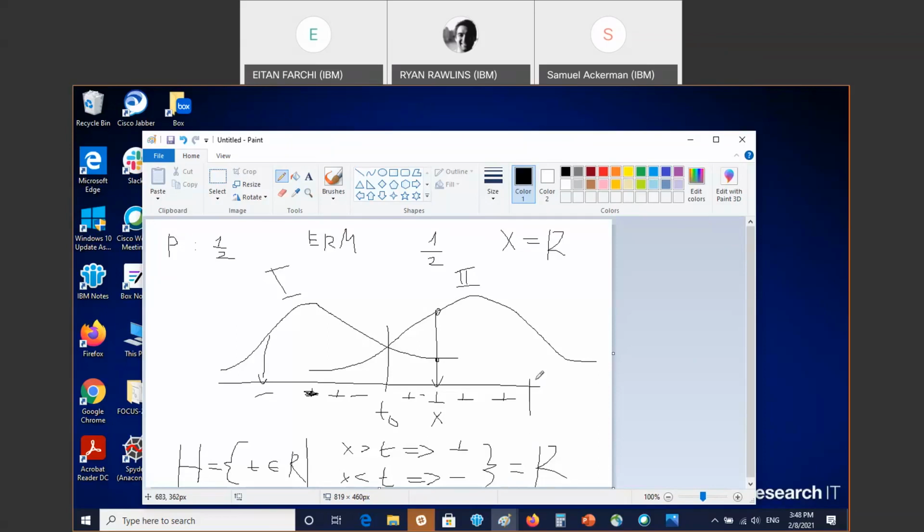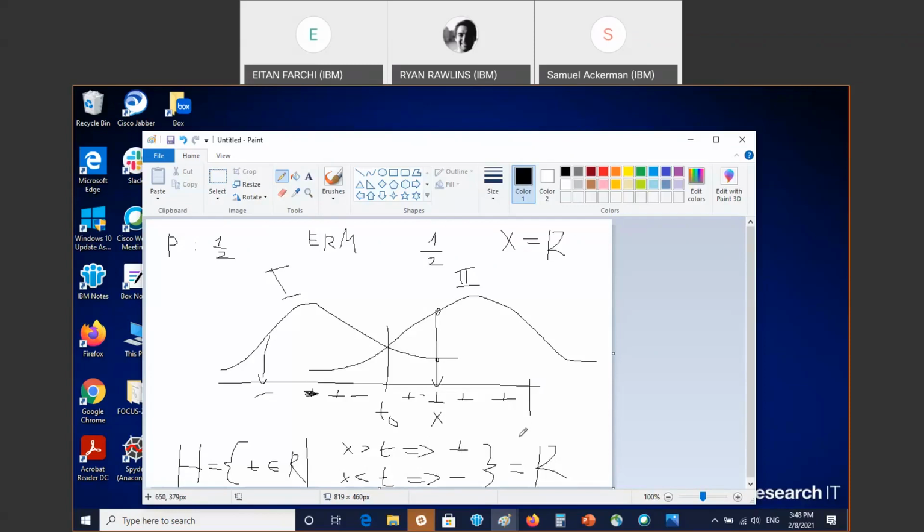If I put a threshold here, what would I say on this point? Of the points that are less than the threshold, I say minus, right? For the points that are bigger than the threshold, I say plus.